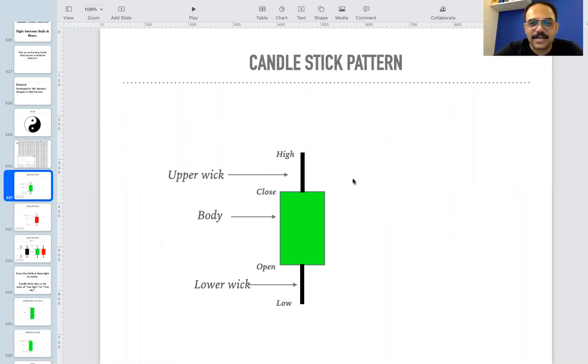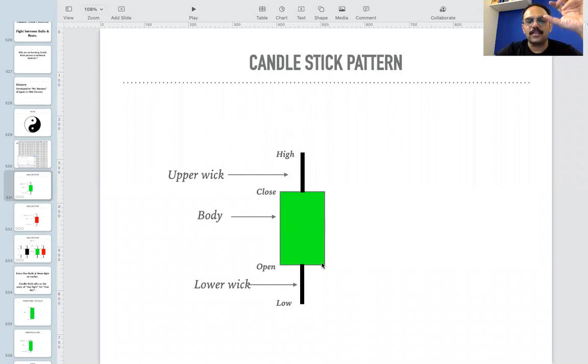Now, this candlestick pattern, how is it drawn? First of all, this rectangle is drawn. If the closing price is greater than the open price, then this candlestick is colored green. This rectangle, or the candle body, is called the body.